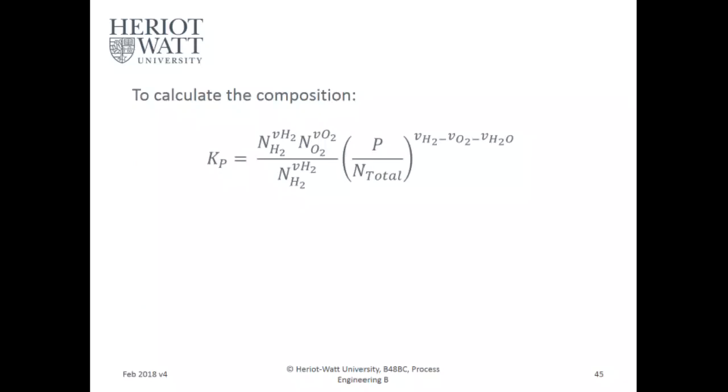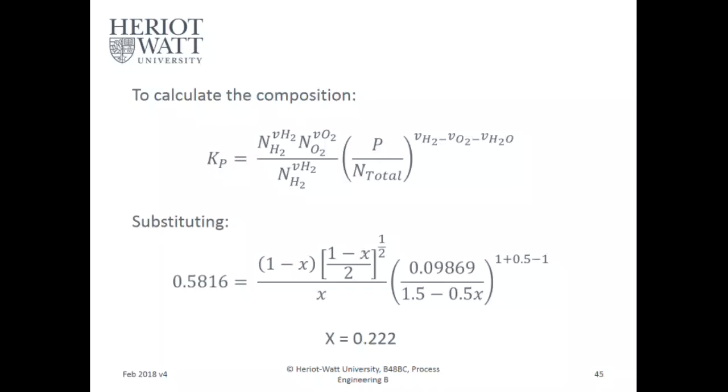Hence, to calculate the composition, Kp equals N_H2 to the power of vH2 multiplied by N_O2 to the power vO2. It's not really to power, it's just N. And N_H2O to the vH2O, multiplied by the P over the total number of species to the power of vH2 plus vO2 minus vH2O. So you've seen that equation before.